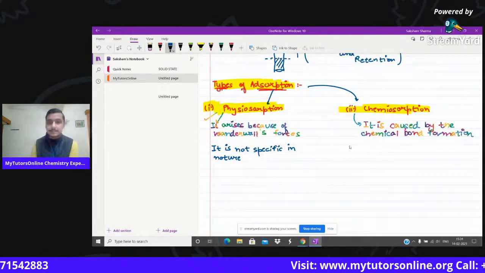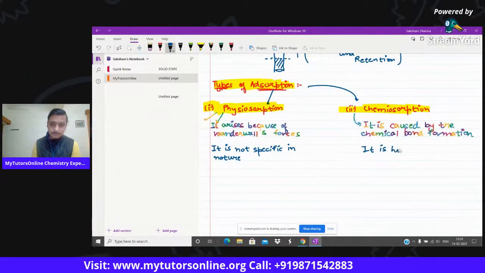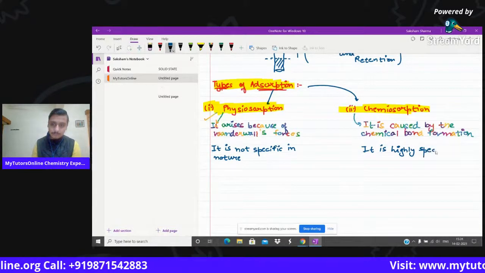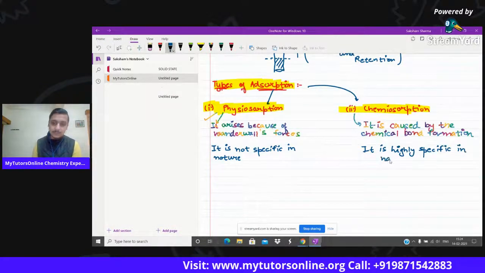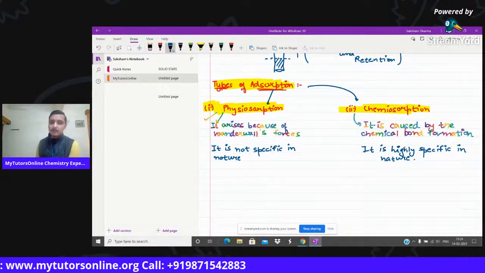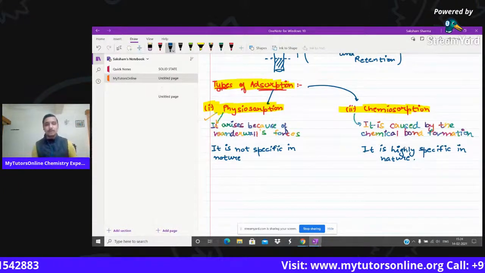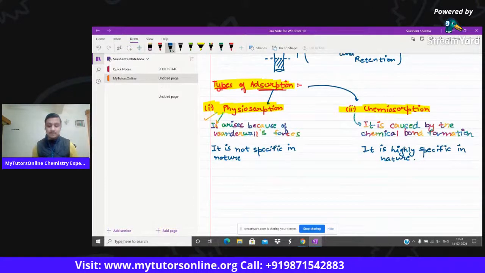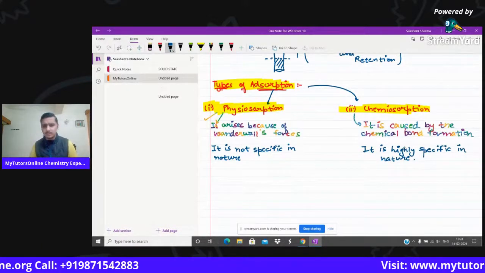Chemisorption is specific in nature, or highly specific. What I mean by specific is that suppose a chemical reaction is taking place and physisorption comes into play over there. It is not always possible, 90% or 100% of the time, that physisorption will come into play whenever there are van der Waals forces of interaction.